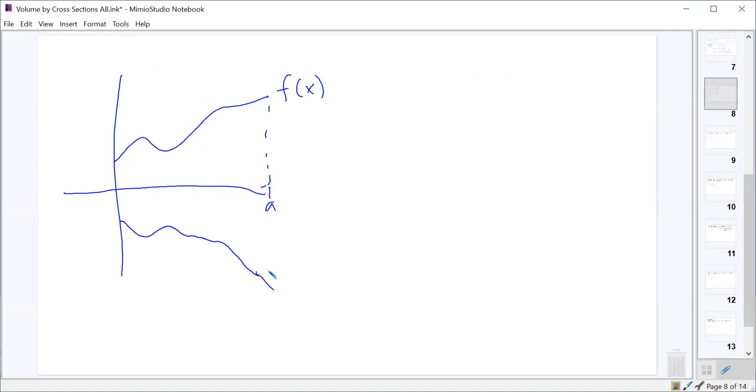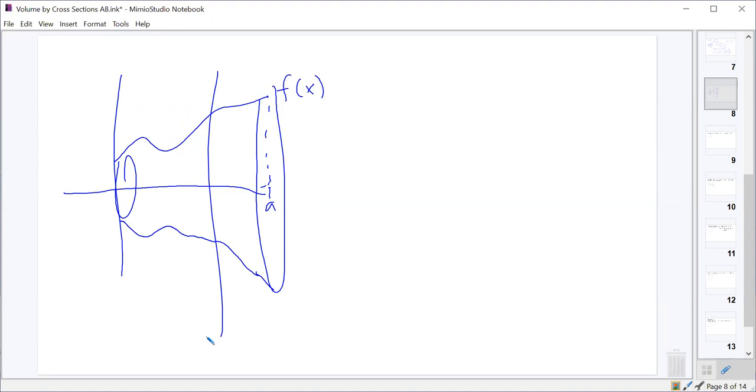But if I were to take this irregularly shaped region and revolve it around the x-axis and pretend that I drew that perfectly, exactly the same, revolved it around the x-axis and sliced it vertically, what would the cross sections look like? Each cross section should be a circle, right? All the circles are going to be different sizes, but we're going to have circles all the way around, from 0 to a.